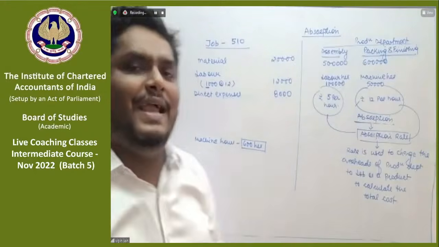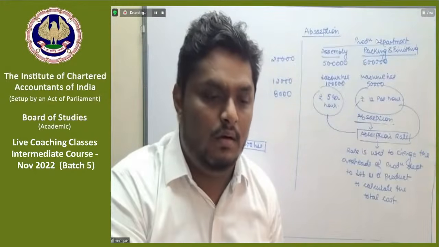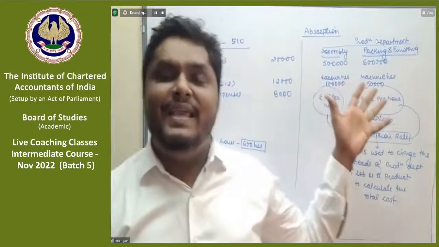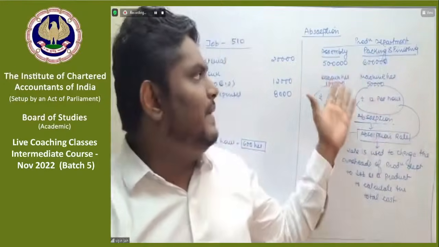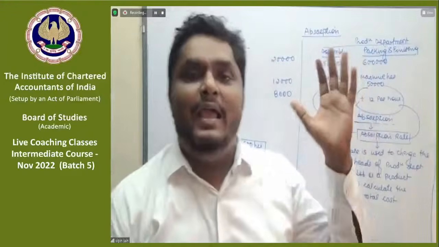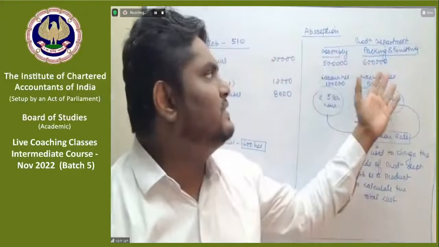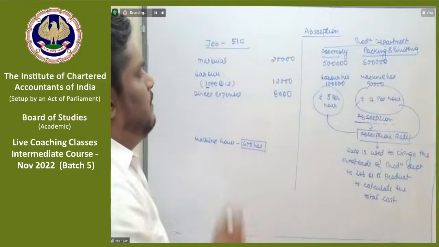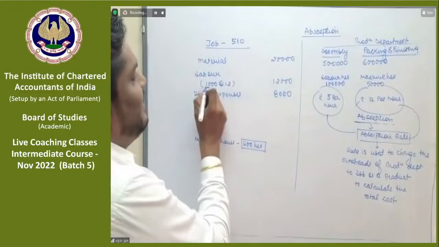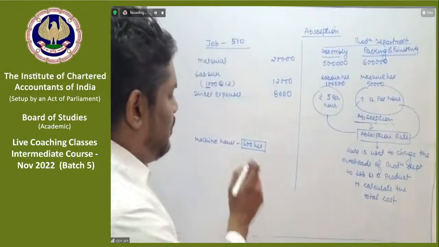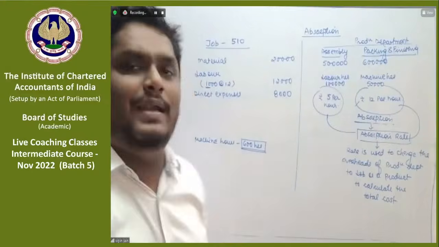I repeat again, guys. I have two production departments. The total overheads are 5 lakh and 6 lakh. I want to charge these overheads to a particular job, wherein the total labor hours worked were 1000 hours and total machine hours worked were 600 hours.